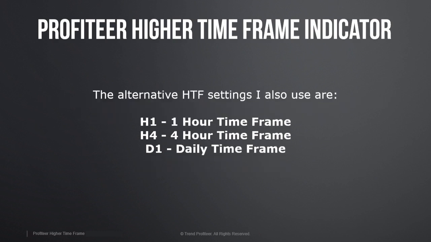For example, the alternative HTF settings I also use are the 1 hour, the 4-hour, and the daily time frame. So I might be inclined to use them if I was trading a really short time frame, like the 5-minute time frame, or even the 15-minute. But for myself, the 15-minute, I still personally prefer the 4-hour, the daily, and the weekly.